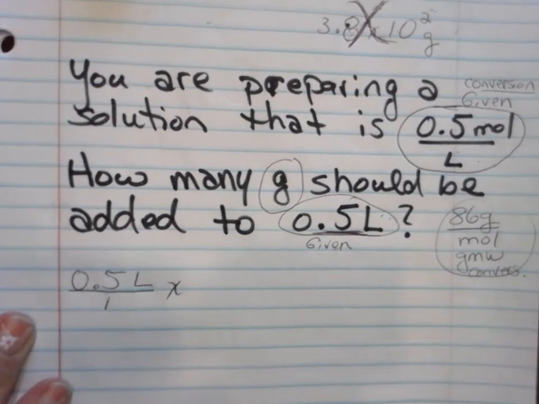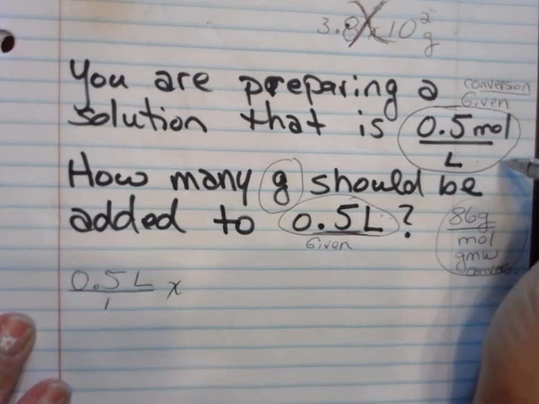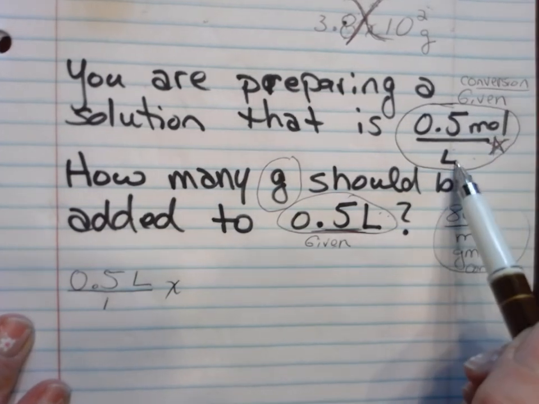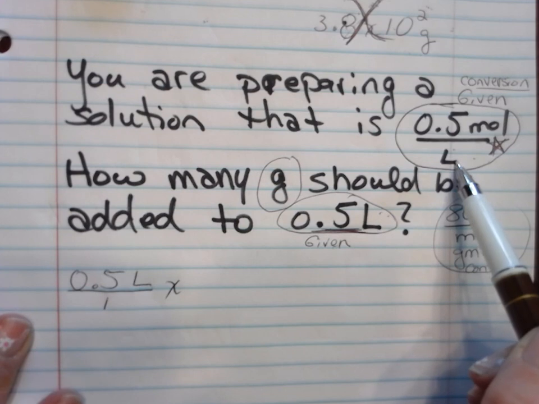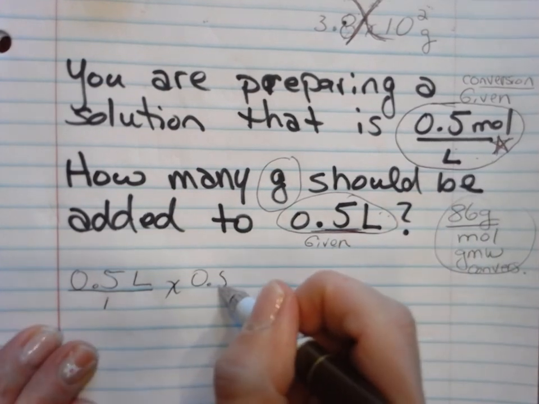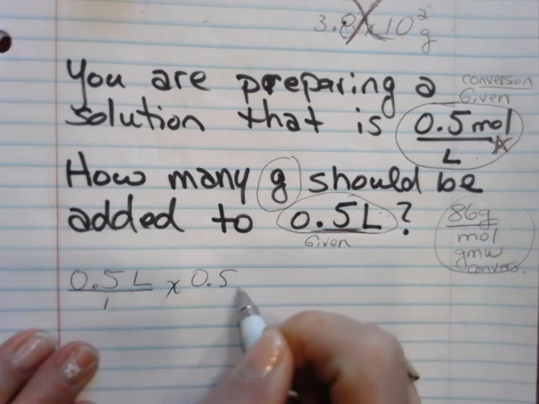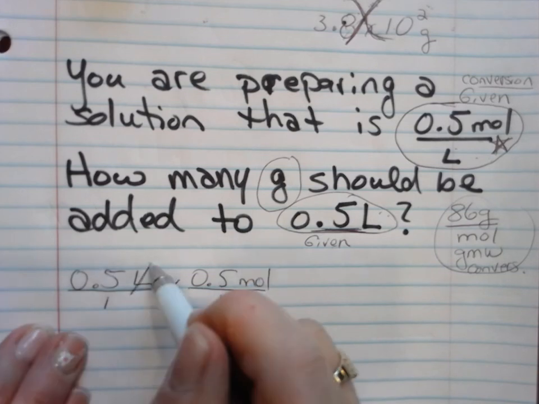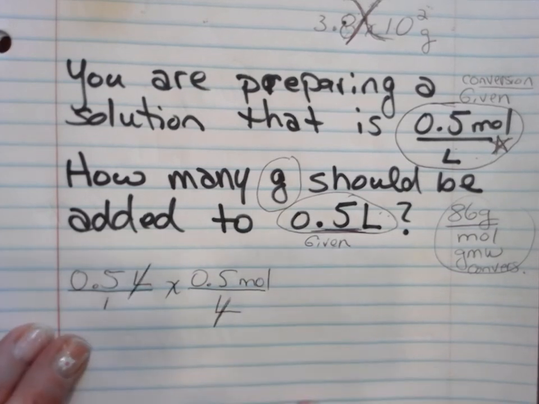So if I want to get rid of my liters, I can use this particular term to get rid of liters and end up with moles. If I leave it and don't flip it, my answer would be in moles.